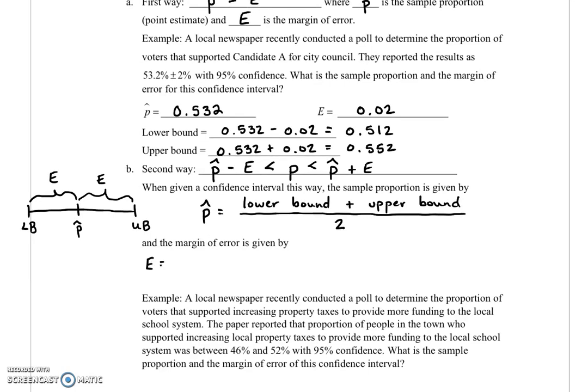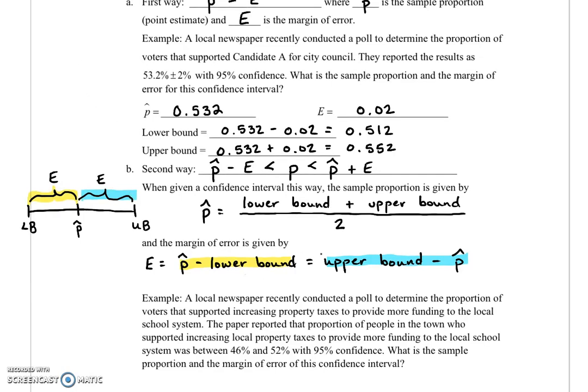So we can find the margin of error by doing one of two things. We can either take p hat and subtract the lower bound, and that gives us this distance, or we can take the upper bound and subtract p hat, and that gives us this distance.